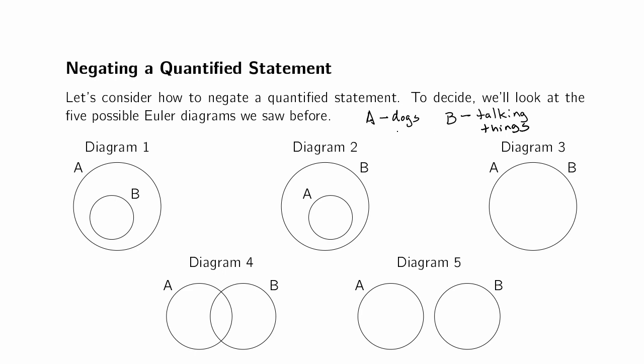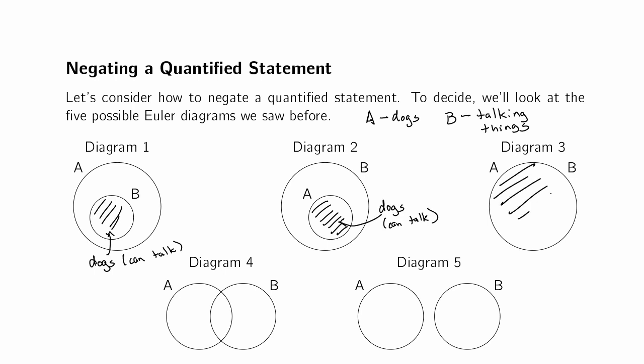And we know that some dogs can talk. So in this diagram, do we have dogs that can talk? Yeah. In this diagram, do we have dogs that can talk? Yeah, they're right here. In this diagram, well, yeah, all the dogs and all the talking things are the same. In this diagram, the dogs that can talk are right here.